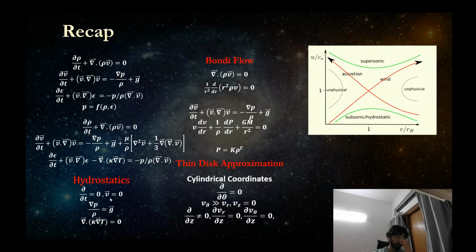In that case, in the momentum conservation equation, this term becomes zero because del/del t is zero, and velocity zero makes this term zero. So we are left with only these two forces, and this equation reduces down to this. On the other hand, the energy equation reduces down to something like this.